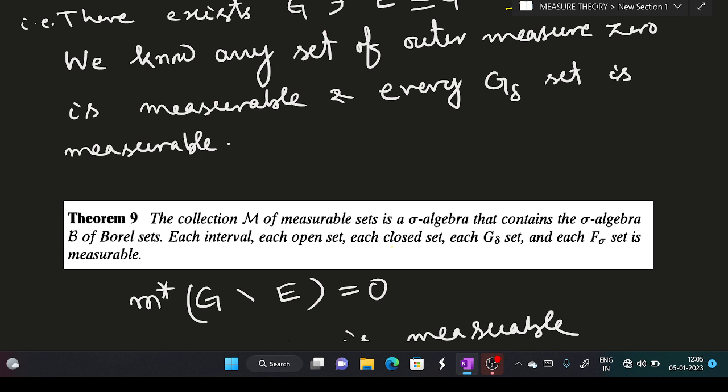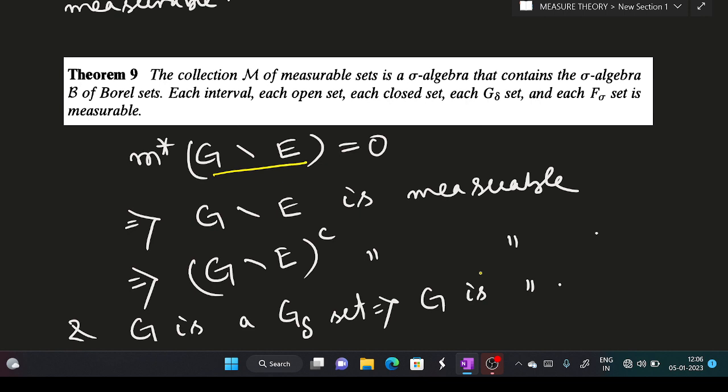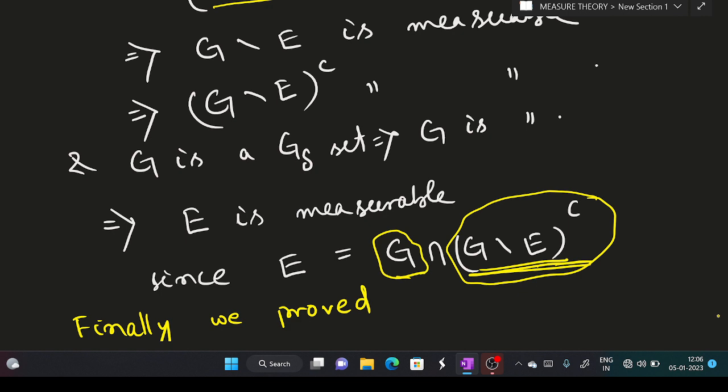So already from this result, G delta is measurable and any set of outer measure 0 is measurable. So this set is measurable and G is measurable. This is measurable means its complement is also measurable. The whole complement is also measurable because this whole is a measurable set and this is a measurable set. Intersection of two measurable sets is again measurable. Hence, E is measurable. So this is proved.